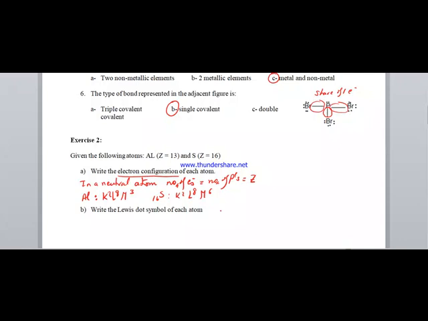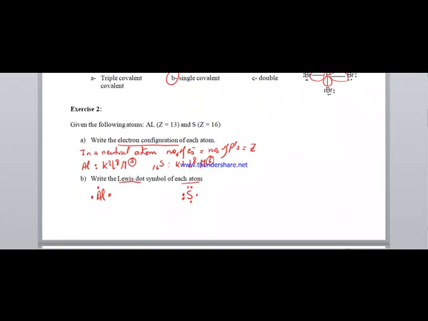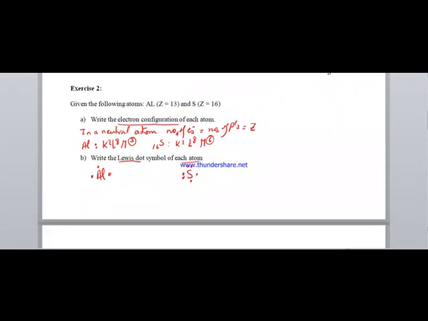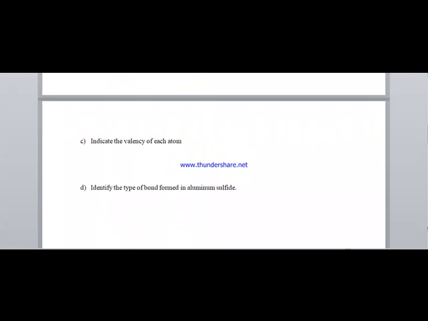To write the Lewis dot symbol of each atom, we represent the number of valence electrons. So aluminium has 3 valence electrons, 1, 2, and 3. Sulfur has 6 valence electrons, so sulfur has 1, 2, 3, 4, 5, and 6 dots in the Lewis dot symbol. Part C indicates the valency of each atom, meaning how the element will become stable.